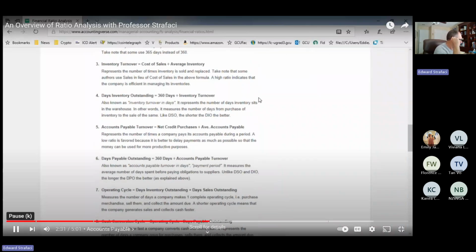Another one is accounts payable and accounts receivable. Of course, we'd like to delay our payables as much as possible. On accounts receivable, it really is a function of how quickly you collect. When you offer accounts receivable, what you're doing is financing your clients' purchases.